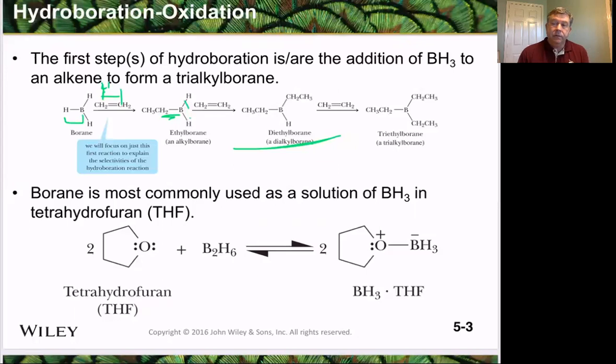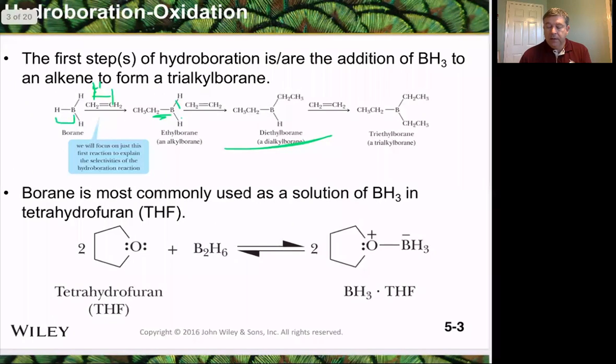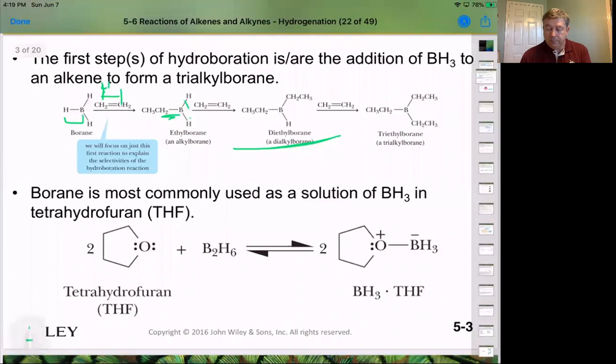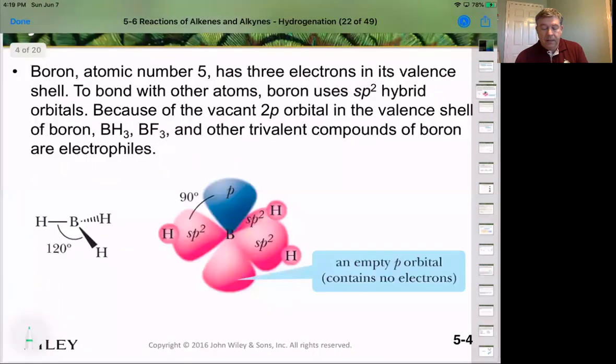It's an ether solvent, and we'll talk about those properties in a couple chapters, but this is a very non-reactive solvent, and we can use it as a support for this boron to give us this complex between the boron and the THF, a nice stable compound that still does this reaction across the double bond.